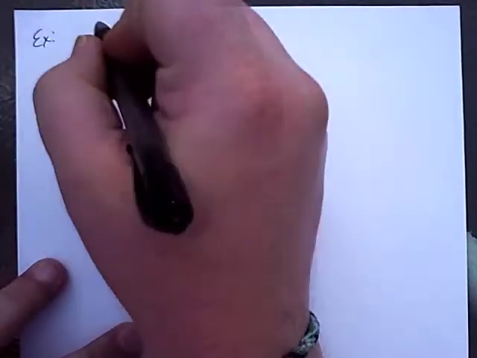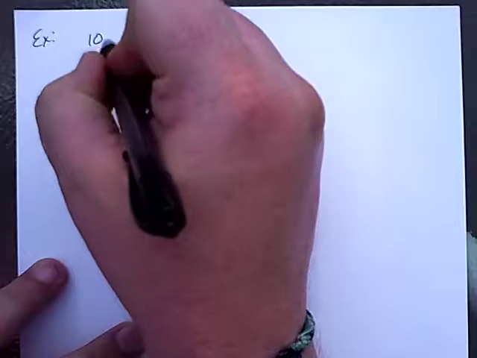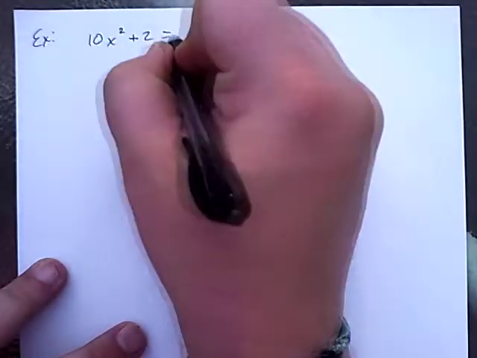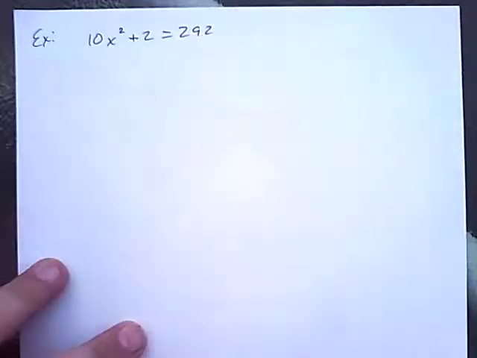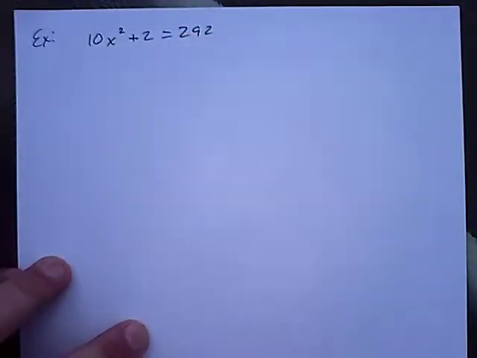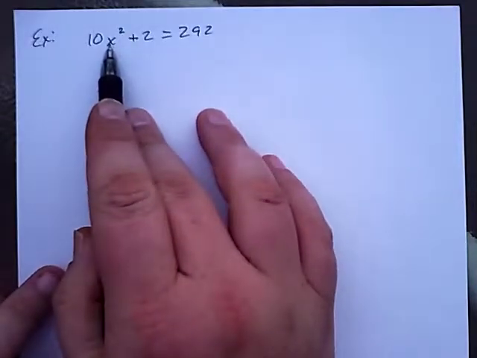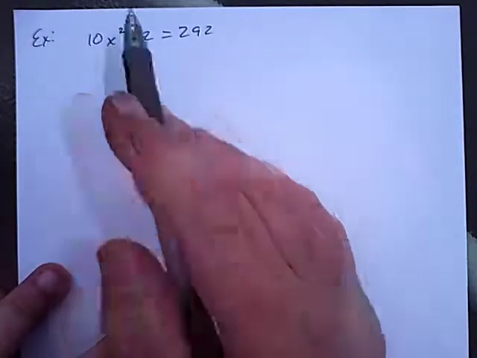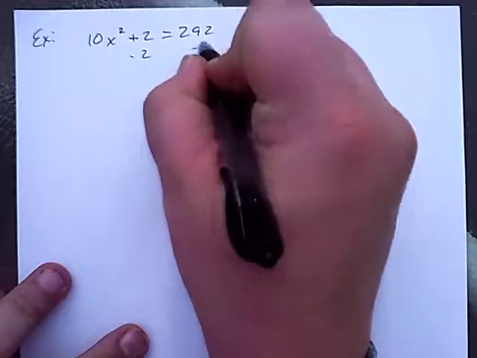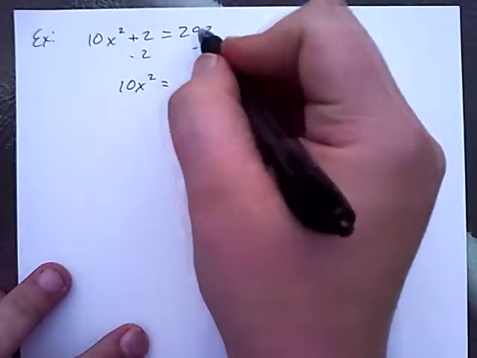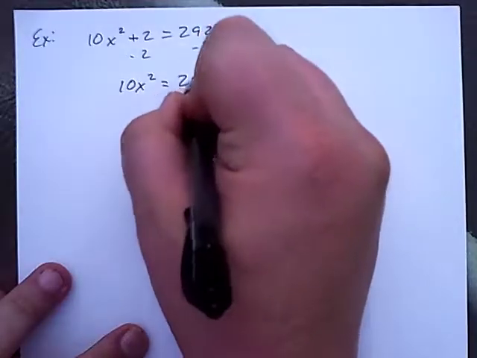Now we have one that's going to be a little bit more involved. 10x squared plus 2 equals 292. That seems like a lot, right? Again, my idea is that I want to get x squared by itself first. So I subtract 2 from both sides, and I'm left with 10x squared equals 292 minus 2, which is 290.